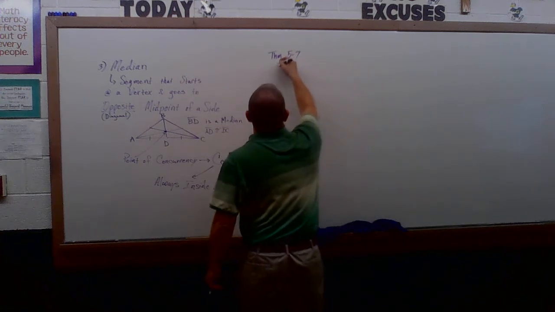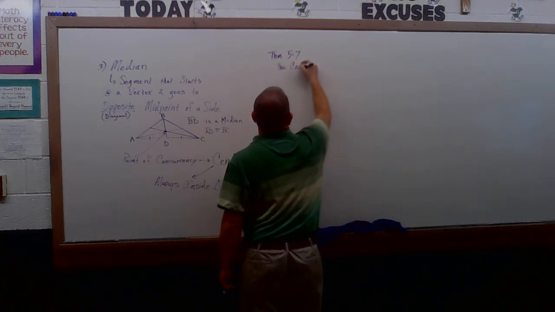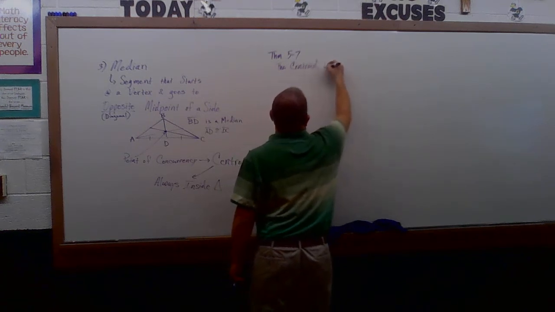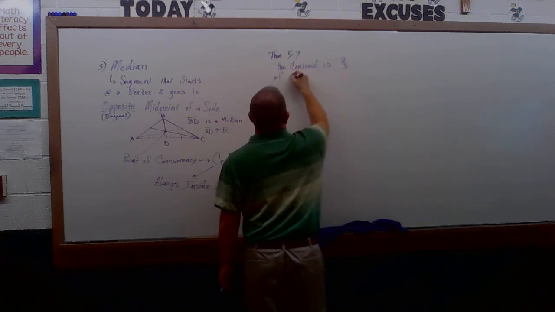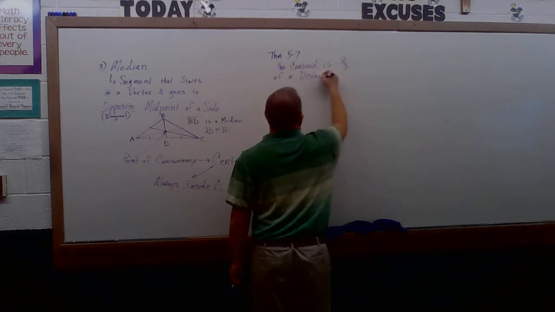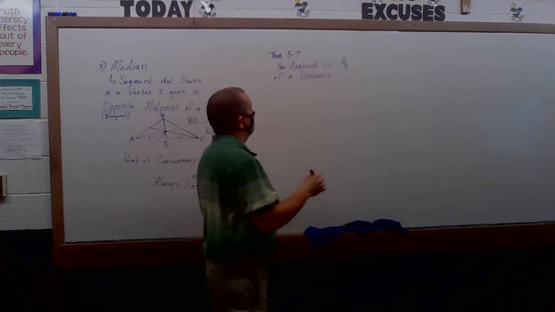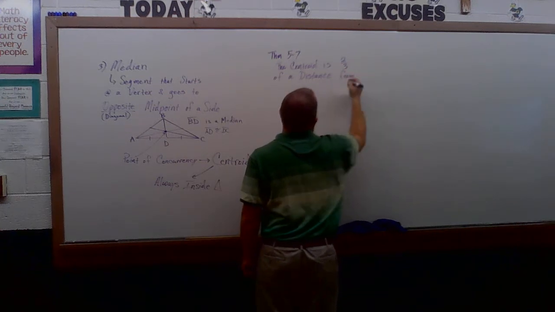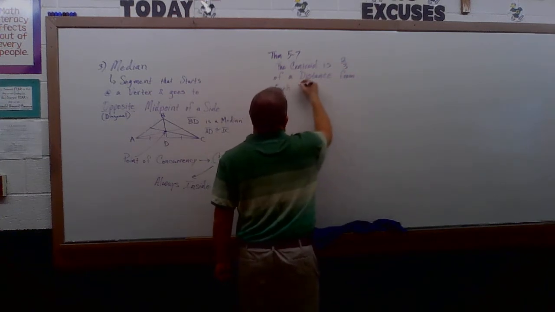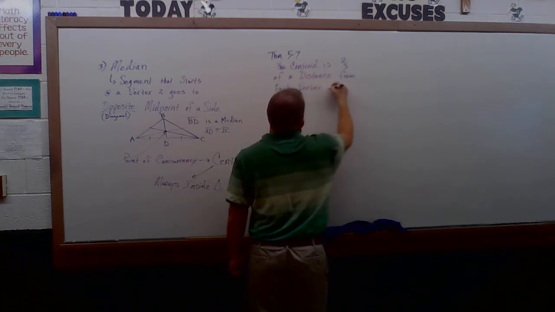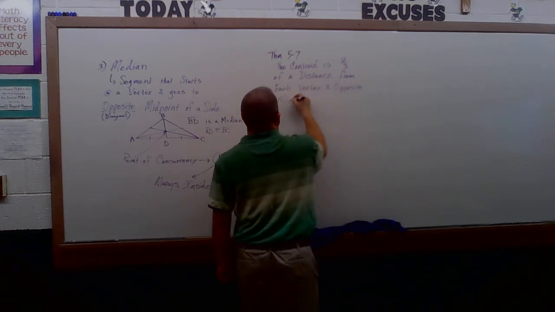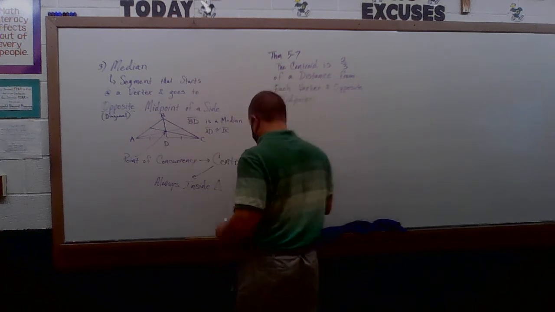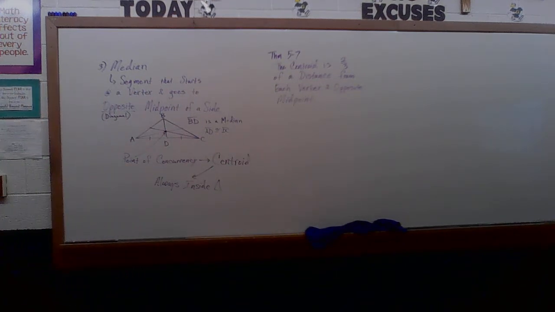But then the centroid is 2/3 of the distance from each vertex and the opposite midpoint. So if we came back to ours, let's write that down.